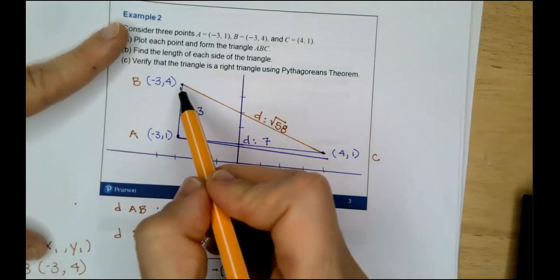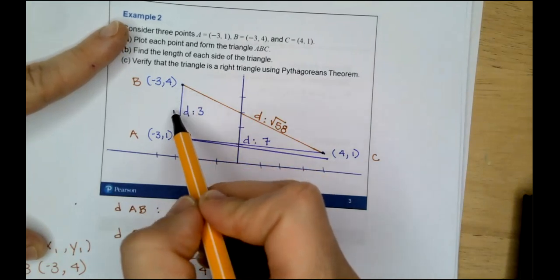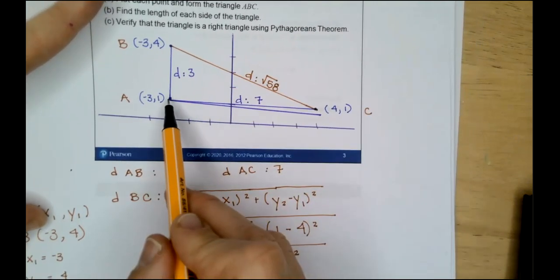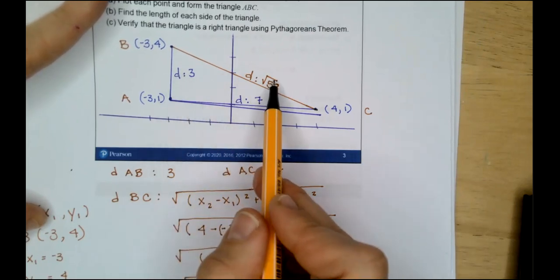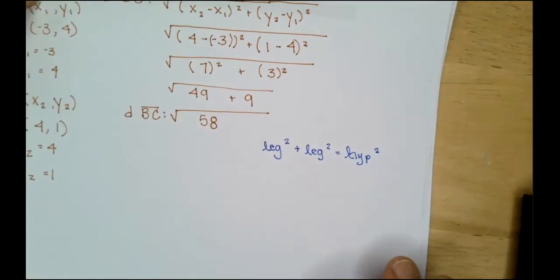So if you take AB, square it, take AC, square it, and add those two together, it should be the square of 58.